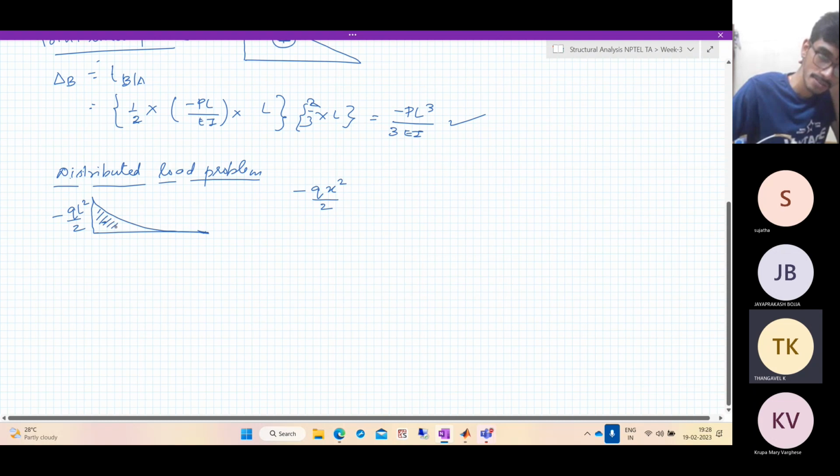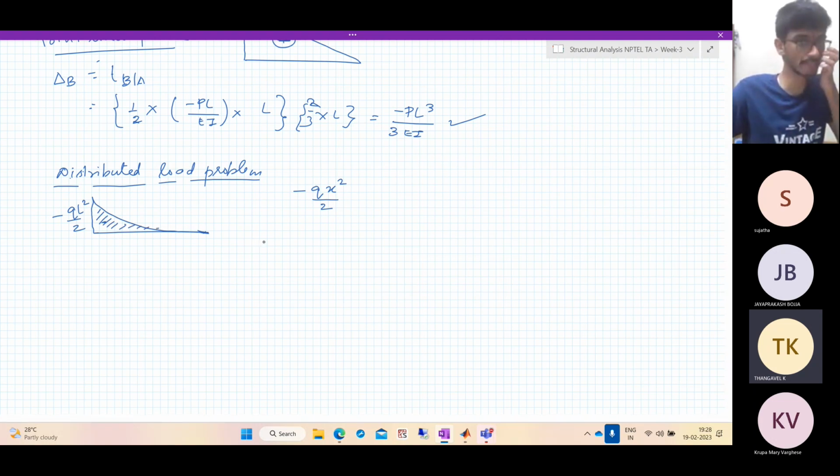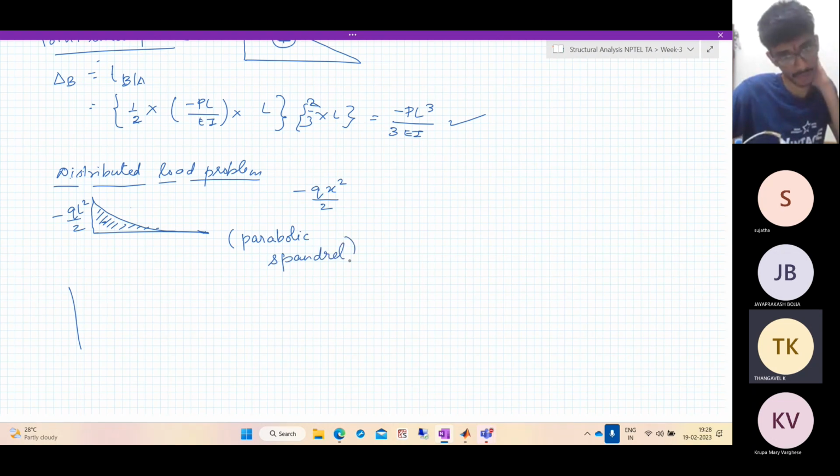Right? So what is the tangential deviation? Now you should be careful because it is not a parabola. This is called a parabolic spandrel.